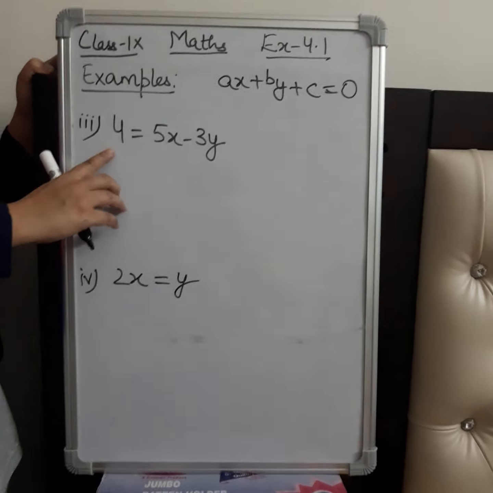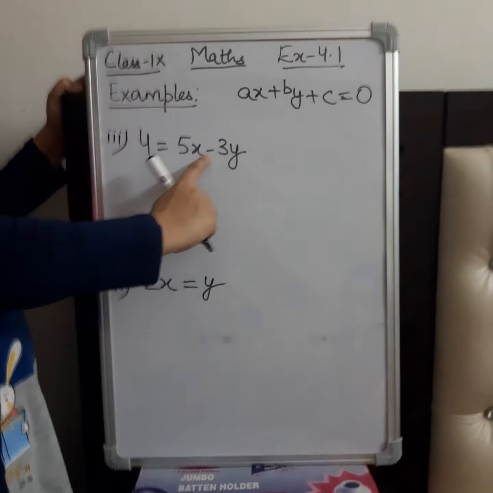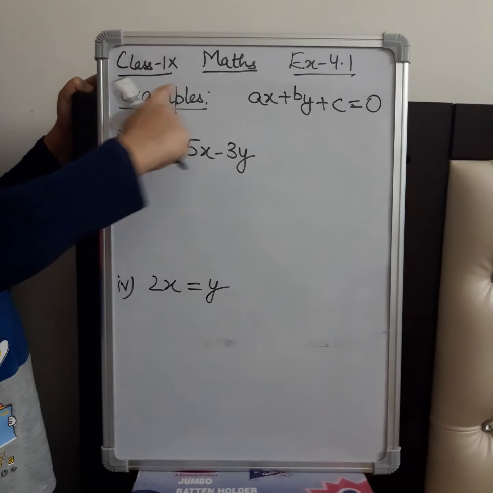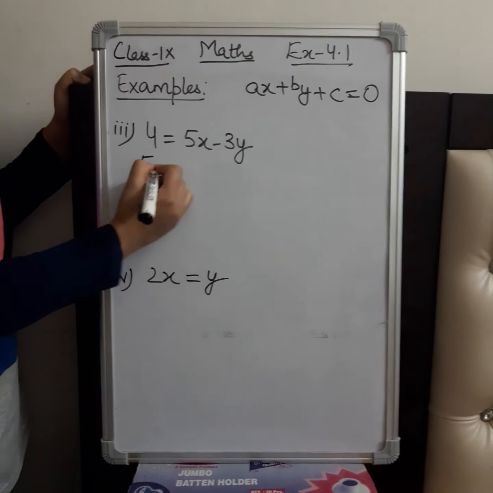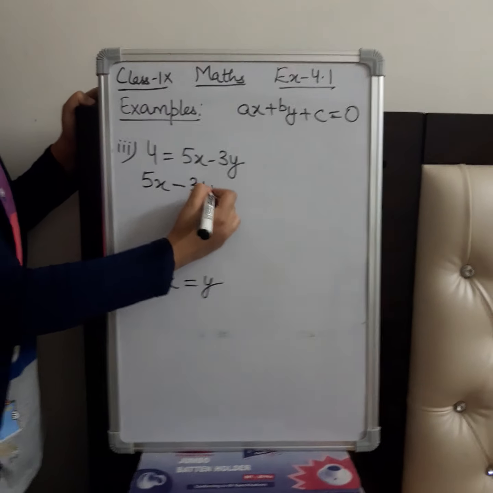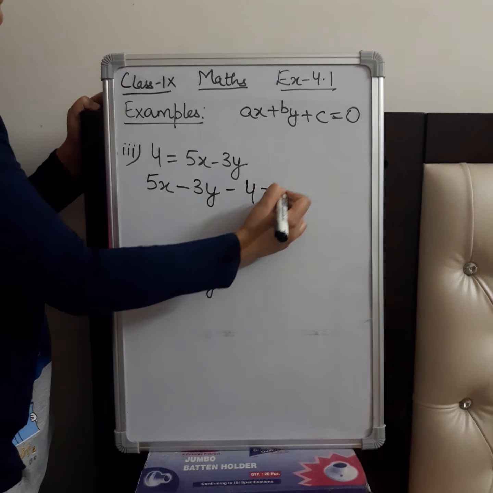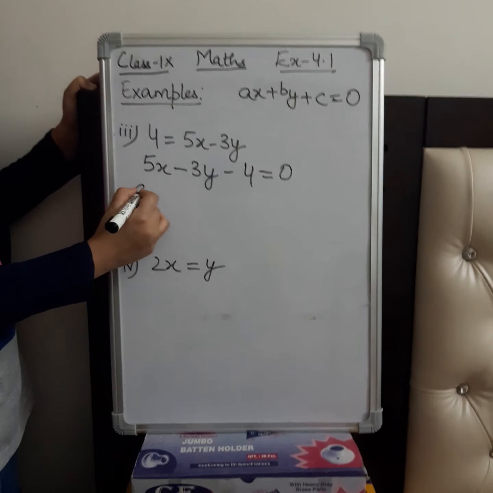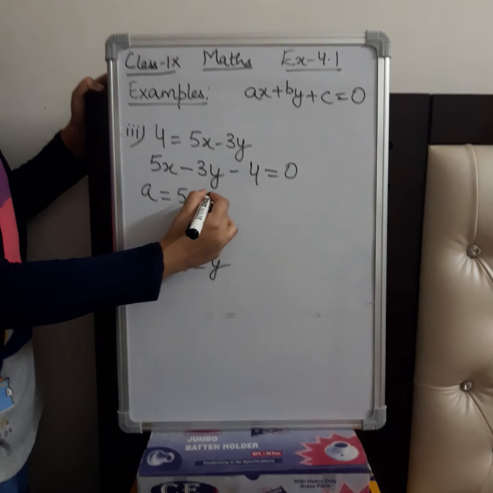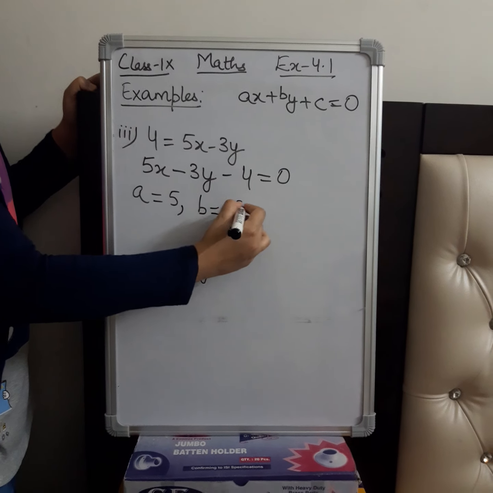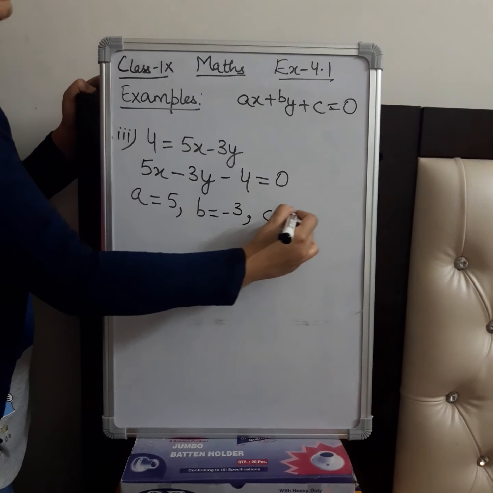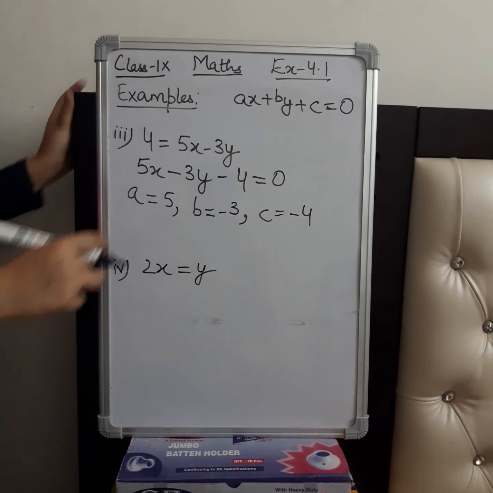The next example is 4 is equal to 5x minus 3y. Again you can see ax plus by is here. Let us bring this 4 here. So I can write 5x minus 3y minus 4 is equal to 0. Now a is 5, b is minus 3 and c is minus 4.